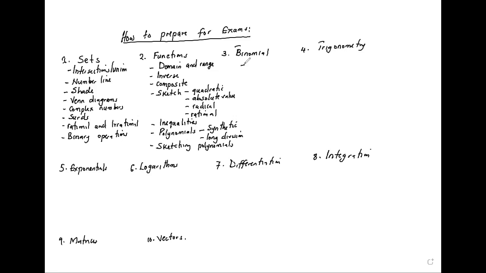Binomial. We understand factorial. Am I able to expand a plus b to any power, using which methods? We understand Pascal's triangle. But most importantly here, you want to talk about the binomial series. Do I know the range of validity?